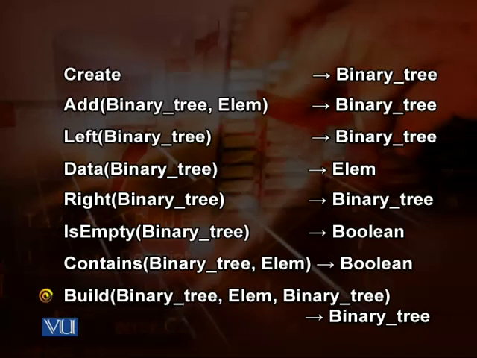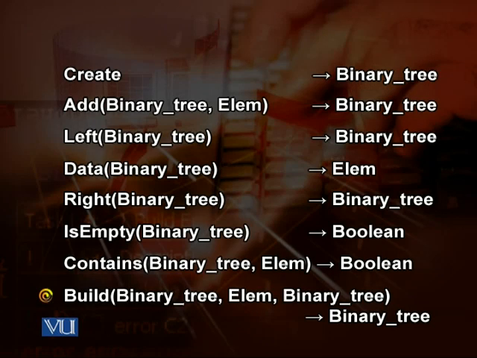Now we write the axioms for this binary search tree. In this case, we have a number of constructors. We have the constructor create, which creates a binary search tree. We have the constructor add, which modifies this binary search tree and gives us a new binary search tree. We have left, which once again gives us the left subtree of the binary search tree.